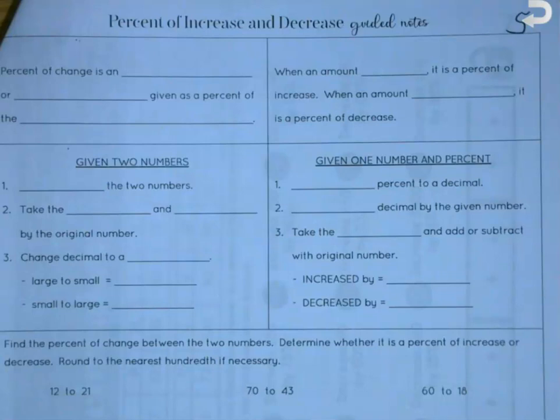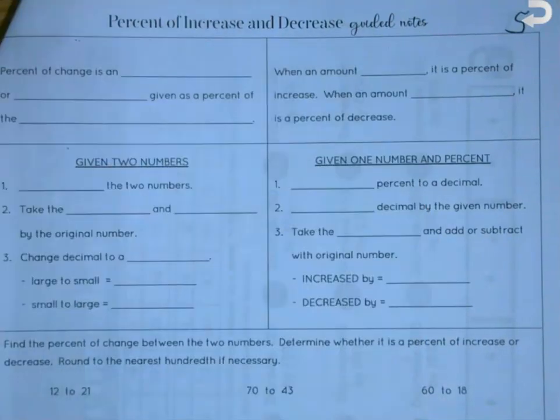Now today we're going to chat again about percentages, but talk more about how can I tell if something is increasing or decreasing, and how do I express that mathematically? So here we go. Again, we're in notes right now.